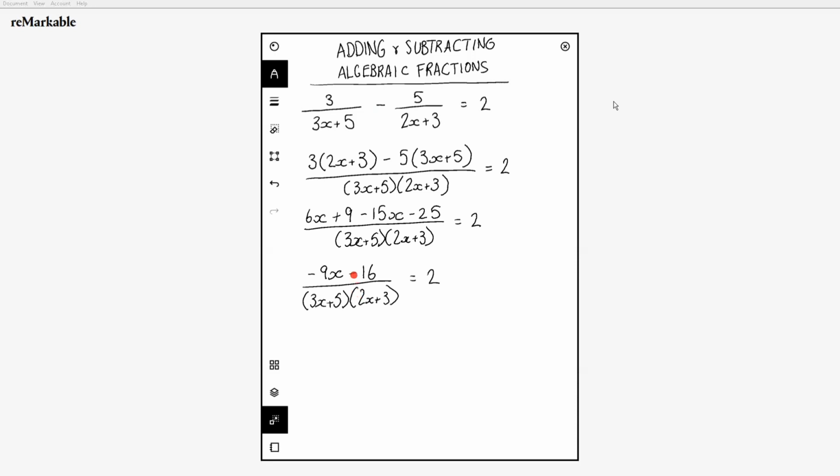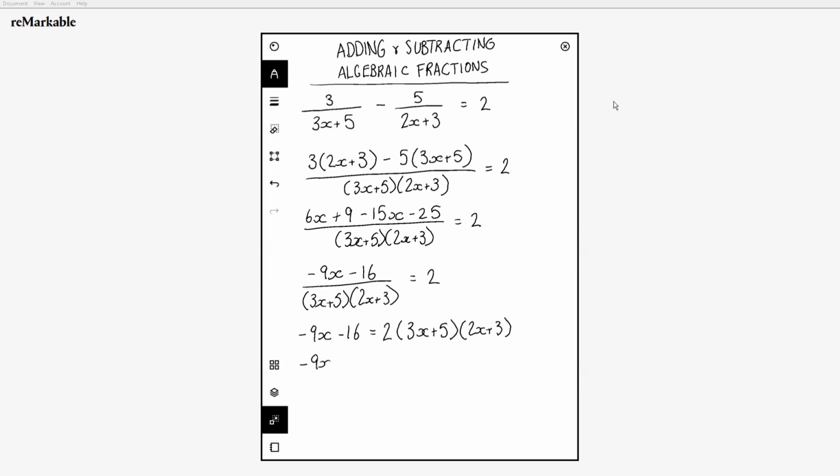If we've just got a fraction equal to a number, then we can bring this denominator up and multiply it here, because if we're dividing on this side, we multiply on this side. So minus 9x minus 16 is equal to 2 times 3x plus 5, 2x plus 3.